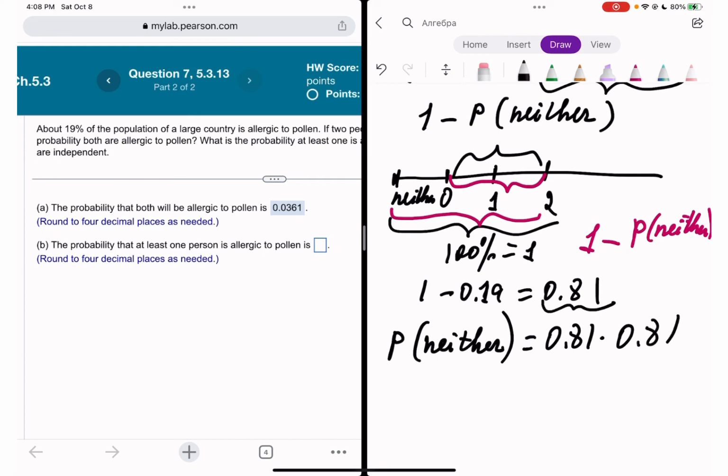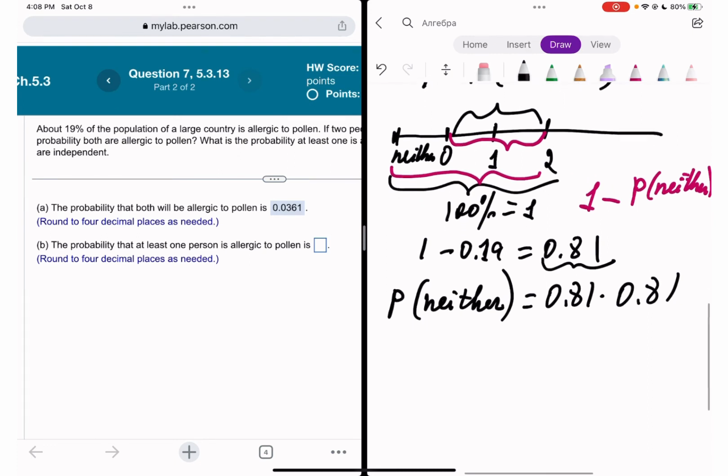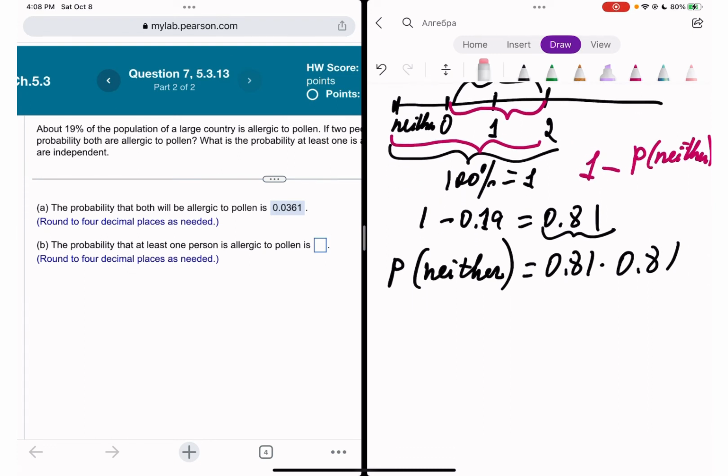This is probability of neither. If 0.19 of population is allergic to pollen, then the one that won't be allergic is going to be 1 minus 0.19. Okay, so 0.81 times 0.81, how much it's going to be? That is going to be equal 0.6561.